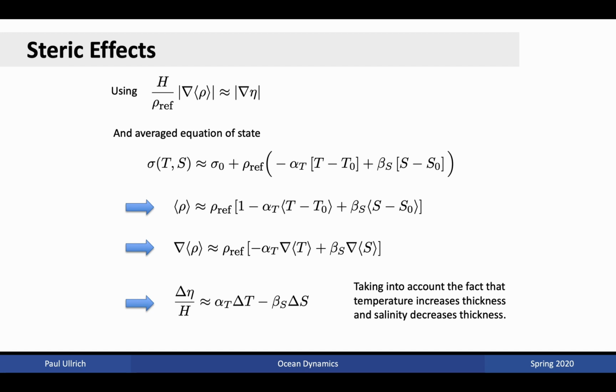Going through this short derivation, we find that the variations in the free surface height divided by the height of the fluid column are approximately equal to the thermal expansion coefficient of the water times the temperature variation minus the effects of salinity on density times the salinity difference.